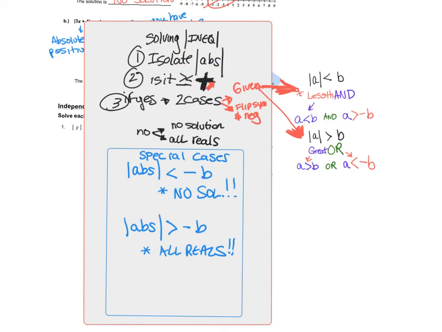Is it positive? If it is, and it's less than, you set up these two cases. If it's greater, you set up these two cases. If it is not positive, then you have to ask yourself, is it less than the negative? If it is, then it's no solution. If it's greater than the negative, then it's all reals.